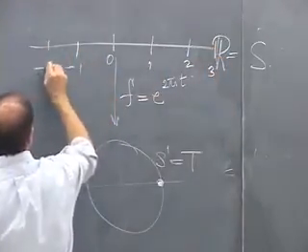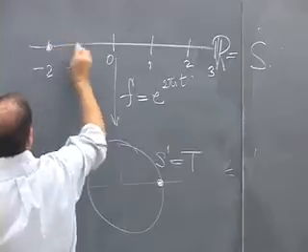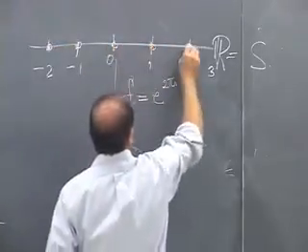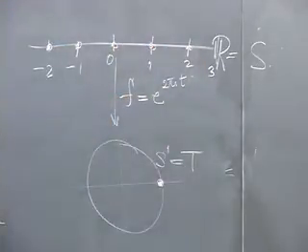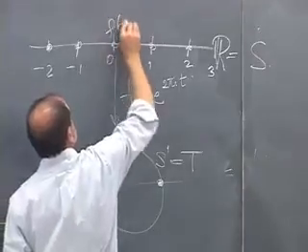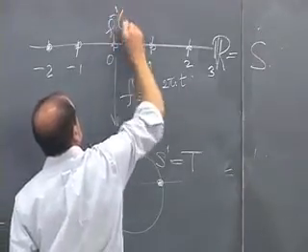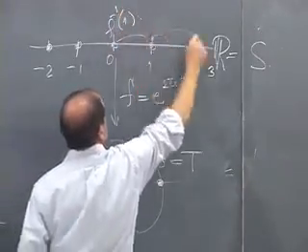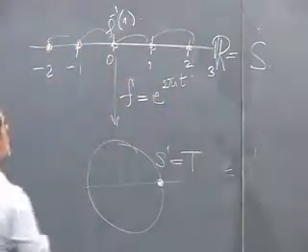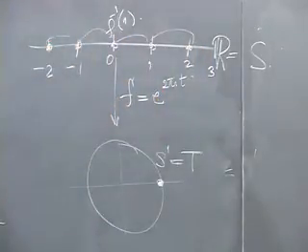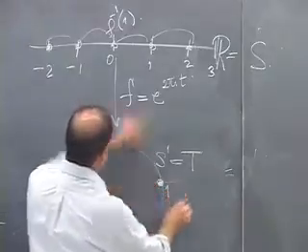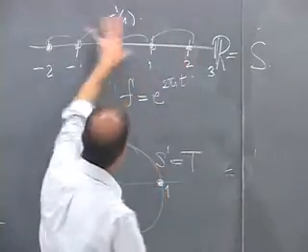Namely, any integer. This collection of points is f inverse of 1, this collection of integers. So that would be the fiber over the point 1 in the circle. All things mapping to 1 would be that collection.